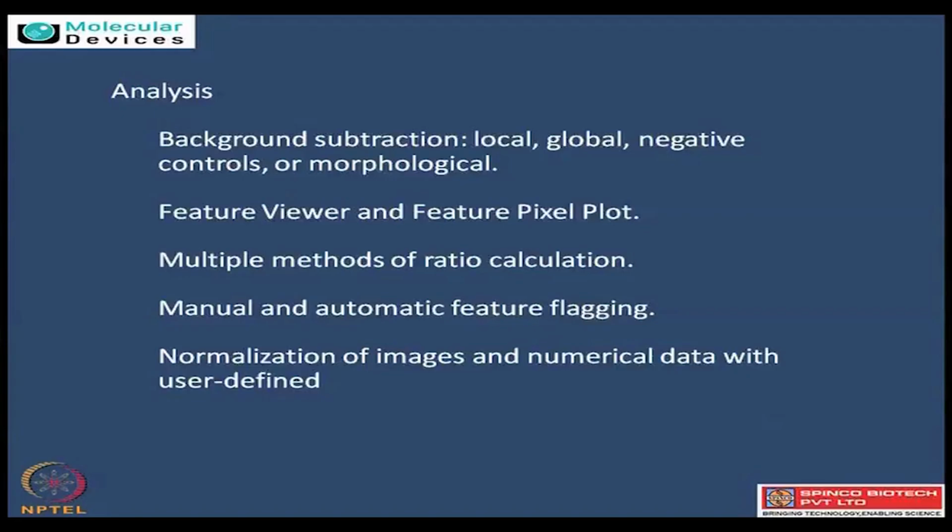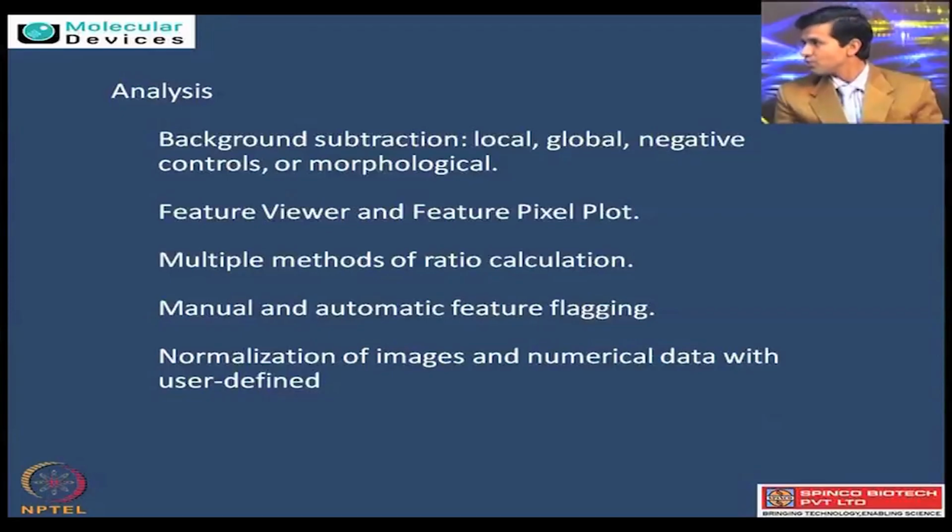These negative and morphological controls depend on the design of the slide type. Say for negative controls, in your slide there should be some spots which should not bind to anything and are left blank. Whereas the local and global can be calculated in the general space where there are no spots available, the area which is not spotted nearby your particular feature. In this fashion, background subtraction can happen.